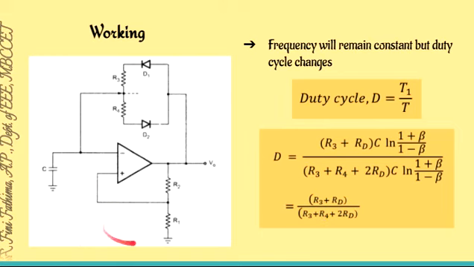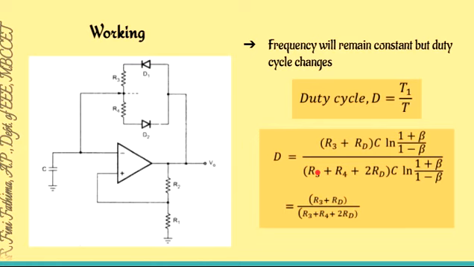If we are taking beta value as 0.46, then we can simplify it by ignoring this ln((1 plus beta) by (1 minus beta)), so that we can assume the R1 value will be equal to 1.18 R2 value.